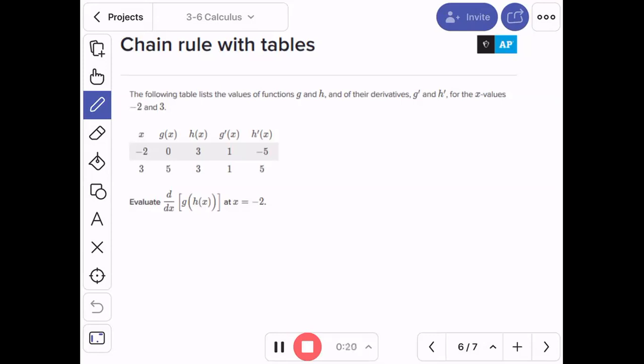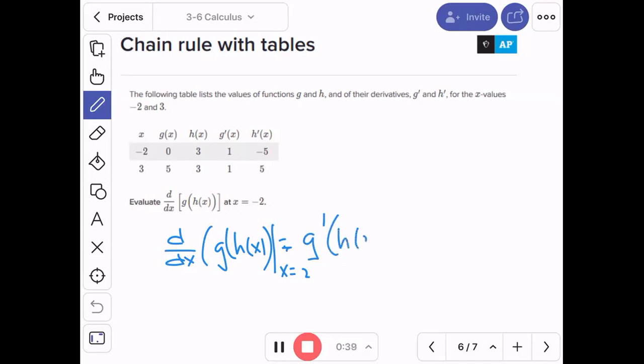I don't know what these functions are, but I do know that the derivative of g of h of x at x equals 2 is g prime of h of 2 times h prime of 2. Derivative of the outside function in terms of the inside function times the derivative of the inside function.